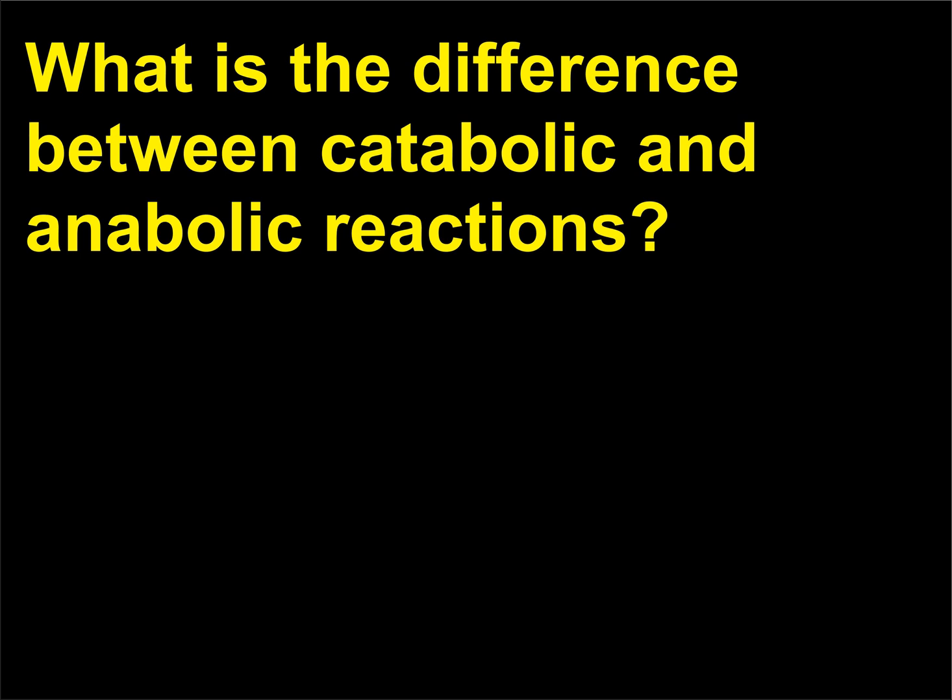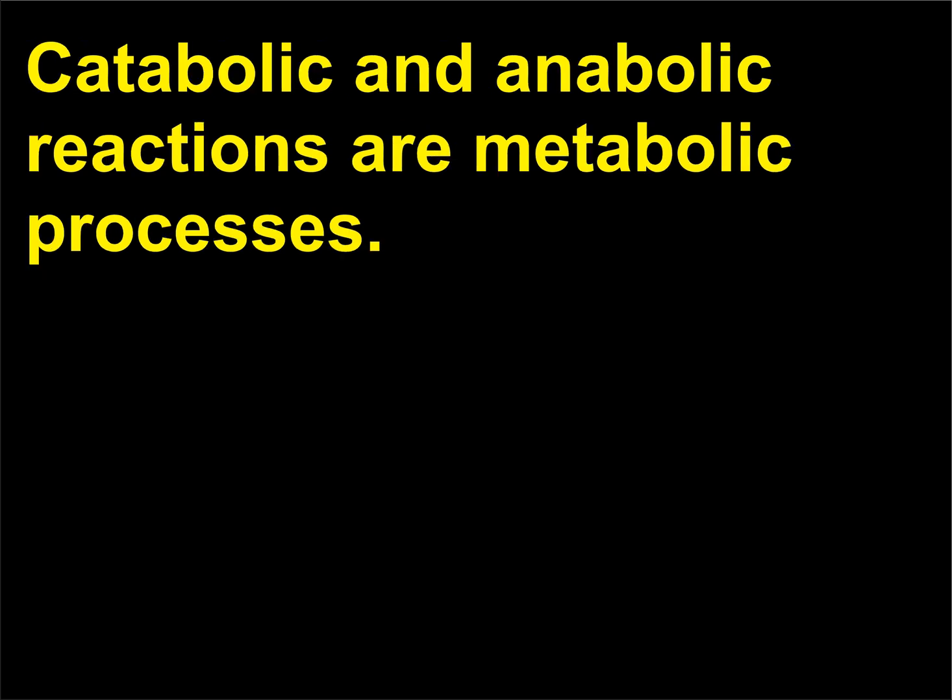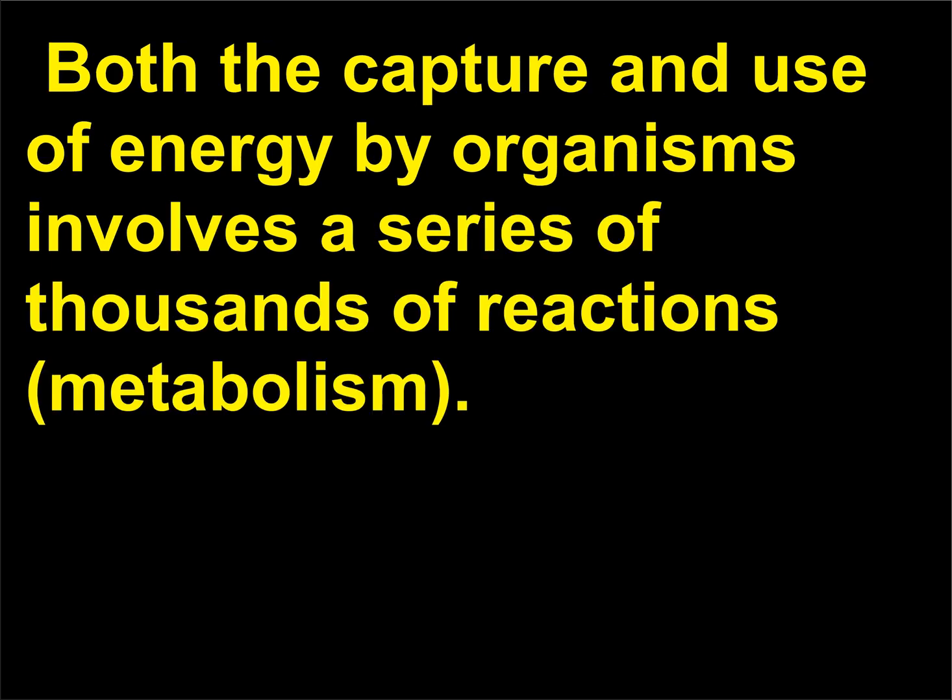What is the difference between catabolic and anabolic reactions? Catabolic and anabolic reactions are metabolic processes. Both the capture and use of energy by organisms involves a series of thousands of reactions, metabolism.